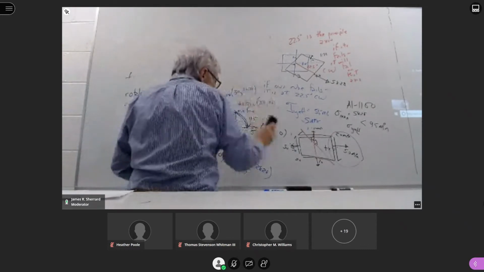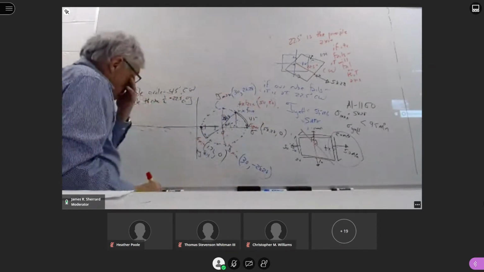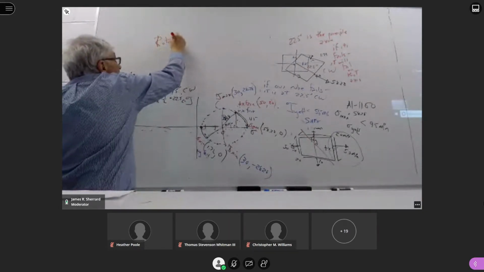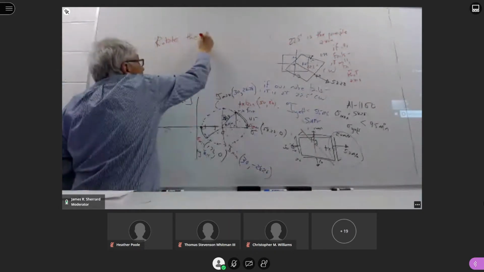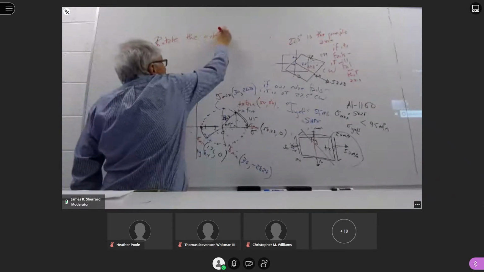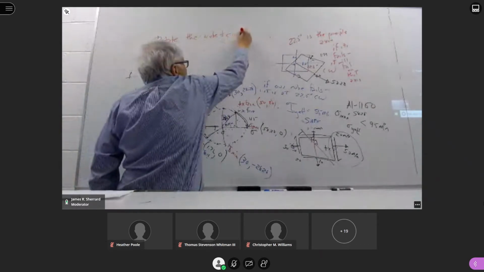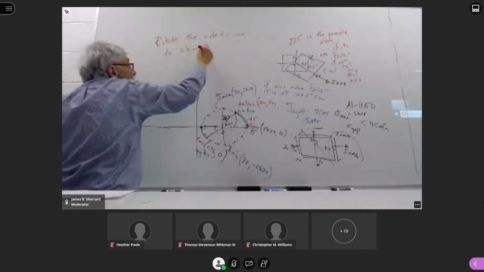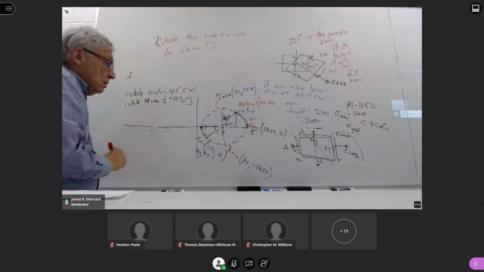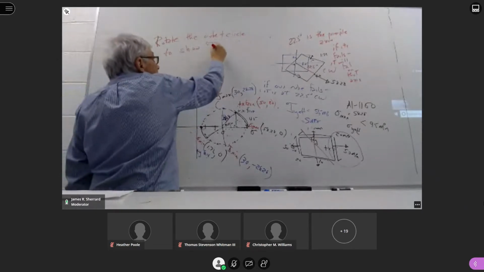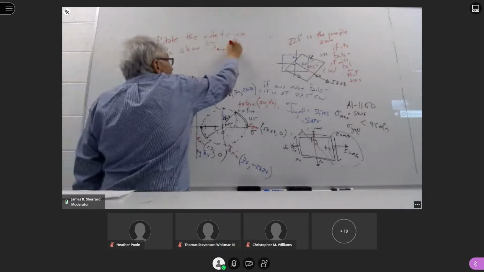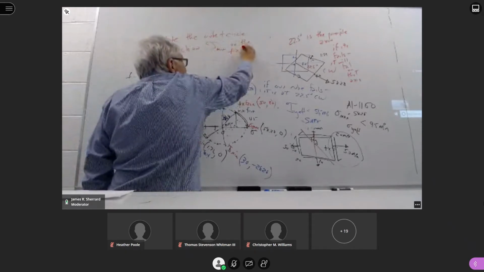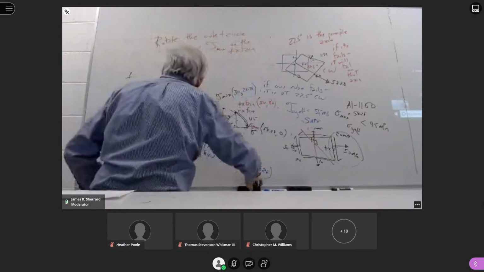Let's say the next thing I'm going to ask you is, rotate the cube and the circle to show tau min on the plus x face.